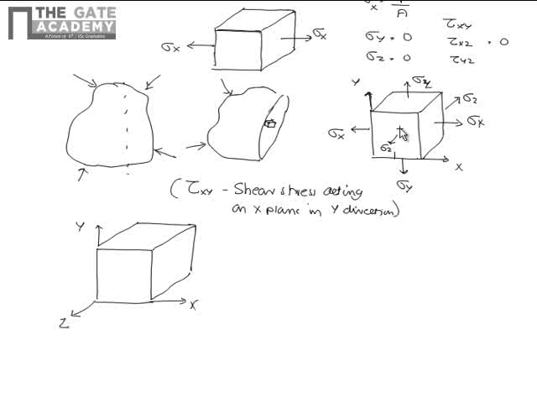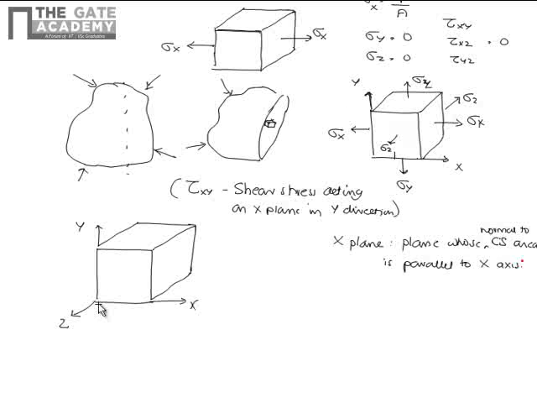Okay, now tell me, which is the x plane? X plane means, what is x plane? X plane is the plane whose normal to the cross sectional area is parallel to the x axis.